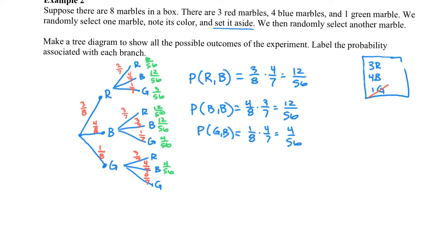And I'm just multiplying, like to get this 4 out of 56, I'm just going blue branch, green branch, and I multiply the probabilities together. So for this one here, it's going to be 1/8 times 3/7, which is 3 out of 56. And then for the last one, it's going to be 1/8 times 0, which is just 0. I'll put 0 out of 56 just to be consistent with the pattern.